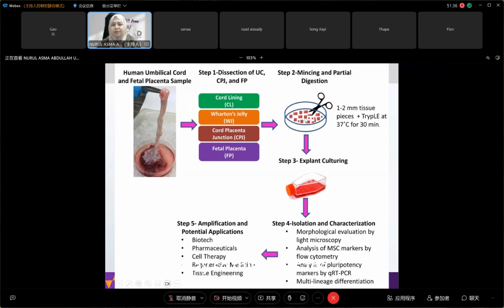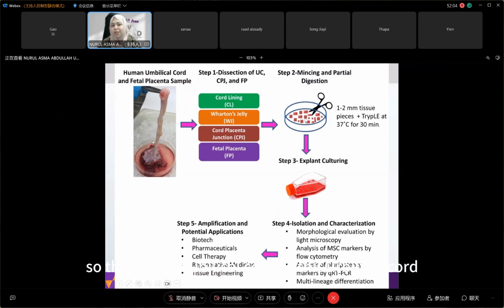So this one is the umbilical cord that attaches to the baby. When the mother gives birth to a baby, you can collect this umbilical cord as well as the placenta, this one, as a source of your stem cells.